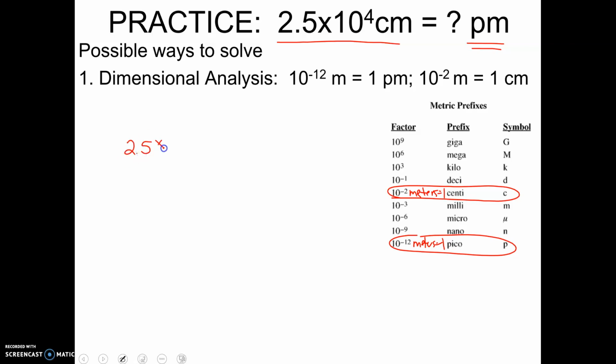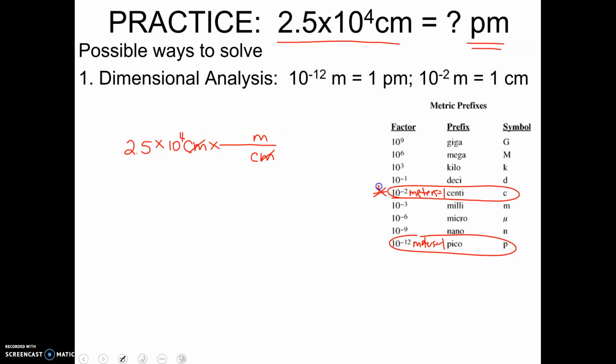You would have to do this. So 2.5 times 10 to the 4th centimeters times, so my first conversion factor, I need to get rid of centimeters. So I know I need centimeters on the bottom, and ideally it would be great if we could put picometers on the top, but we don't have a direct correlation. So we have to convert from centimeters to meters, and that way our centimeters would cancel.